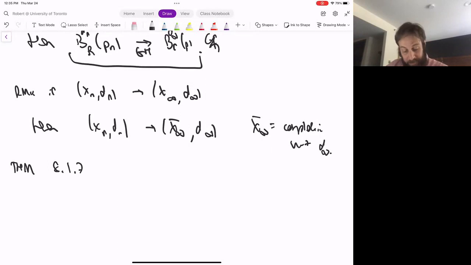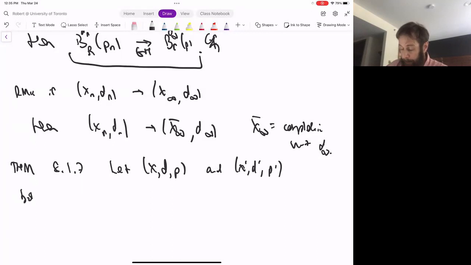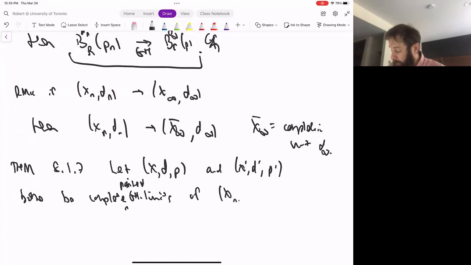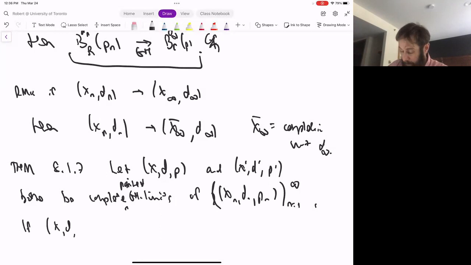So if I have two different complete pointed GH limits of the same sequence, then if one of them is boundedly compact, then the other one will be boundedly compact as well. In other words, if it has the Heine-Borel property.